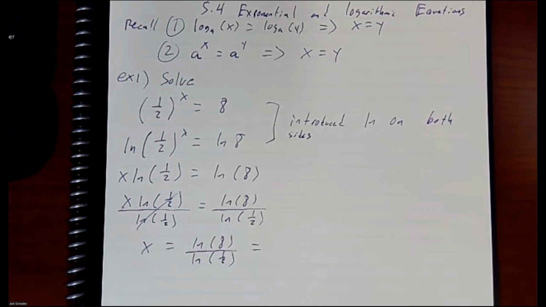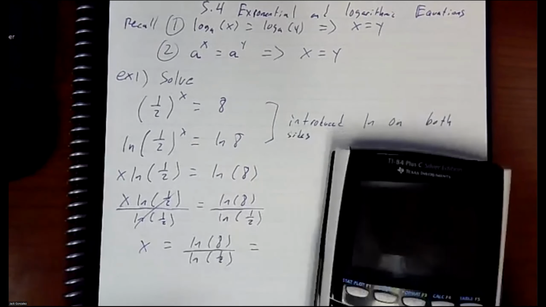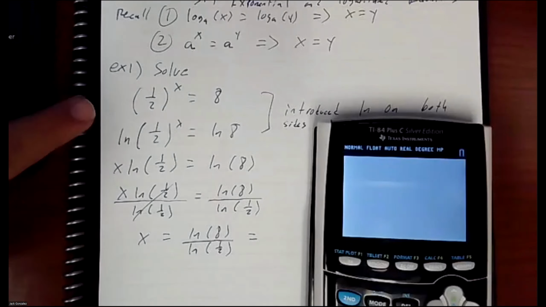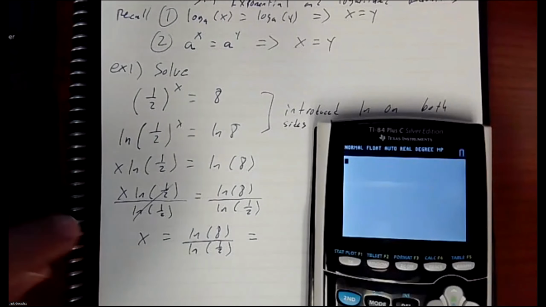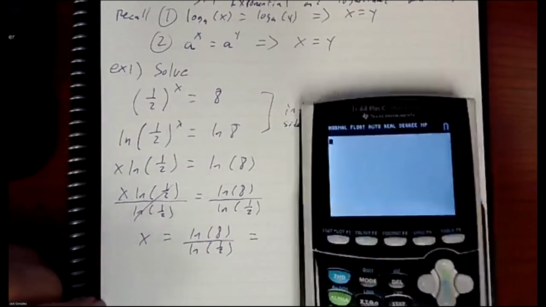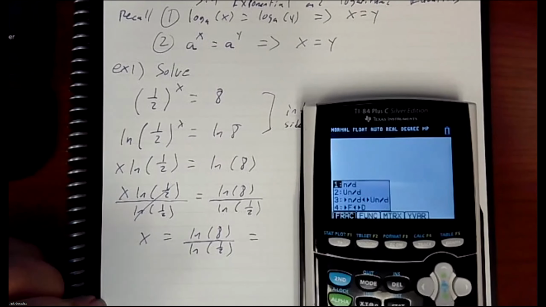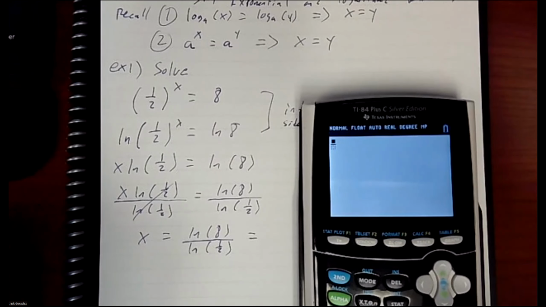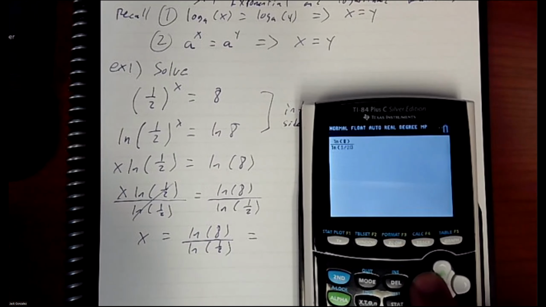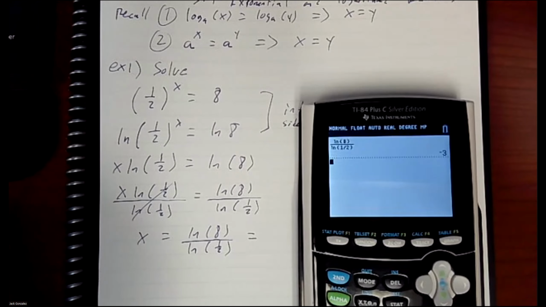So instead of using all those properties, I just introduced logs and solved for x. You could have used the properties instead because it's an easy question, but I use this technique because this works every single time and I don't have to think too hard. So at that point, you just divide ln 8 by ln 1/2, which is -3.